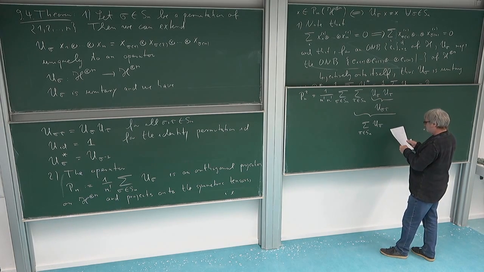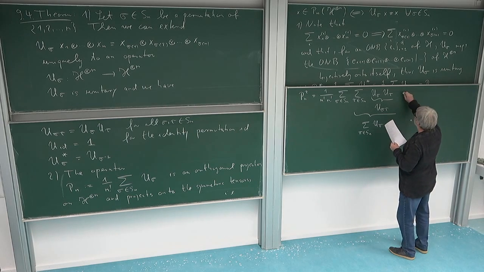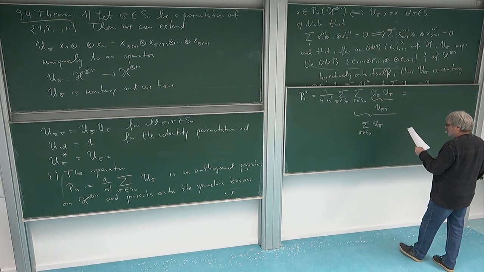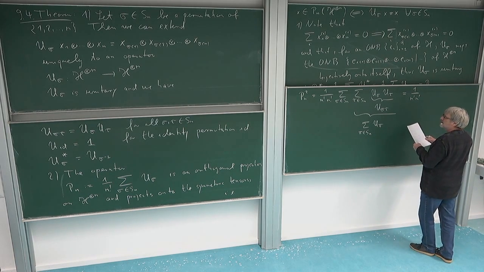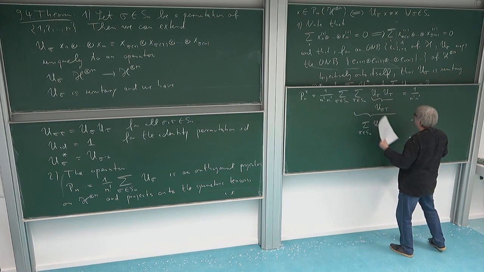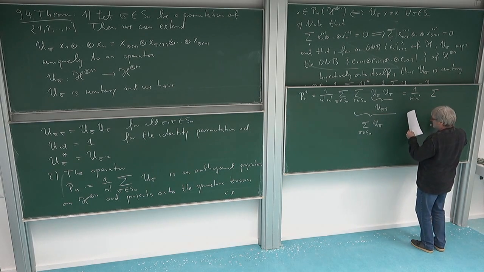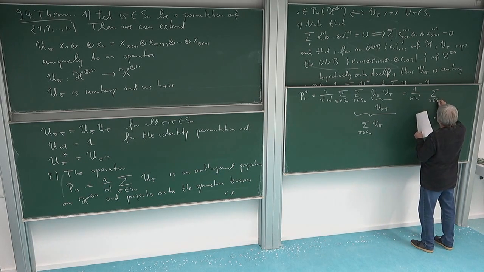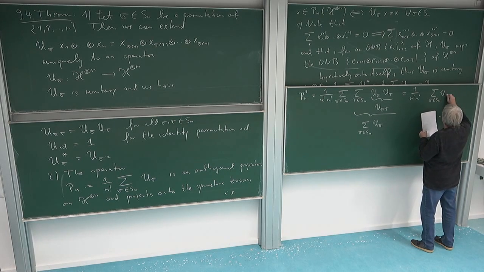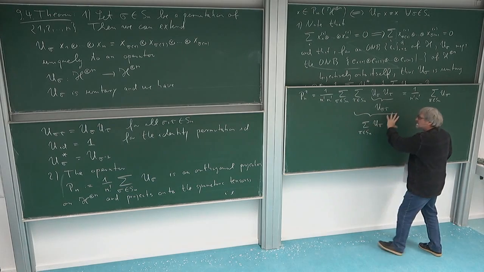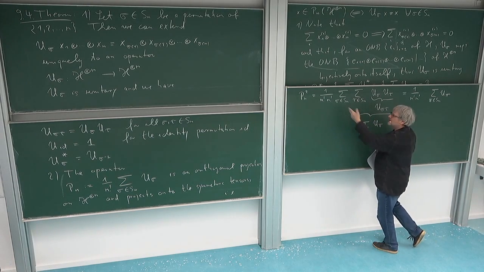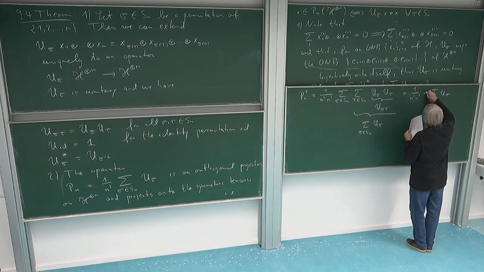Okay, so what I get here is, let me write it down, 1 over n factorial squared, and then for each fixed sigma I just have the sum over pi in Sn running over all u pi, but this is the same for each sigma, so I just get this as many times as I have sigmas here, which is n factorial.